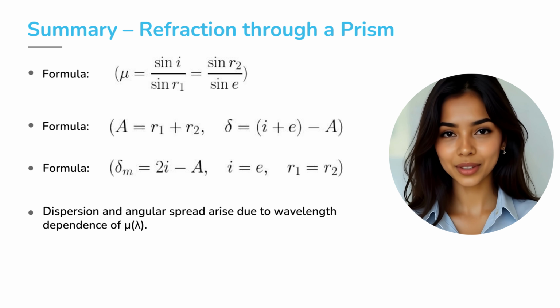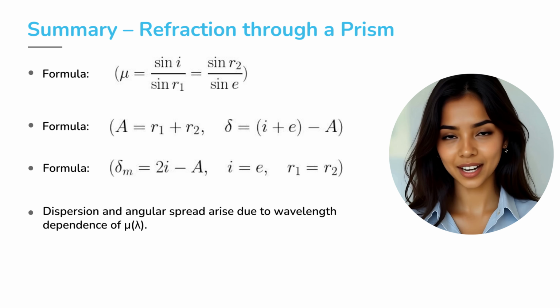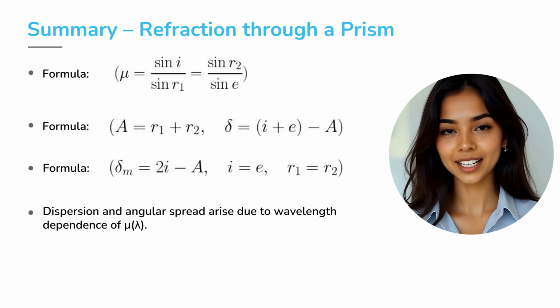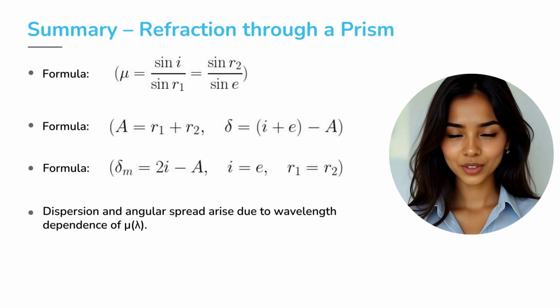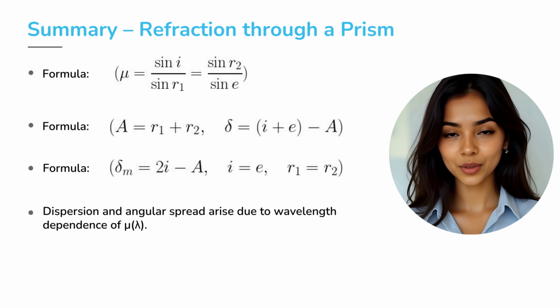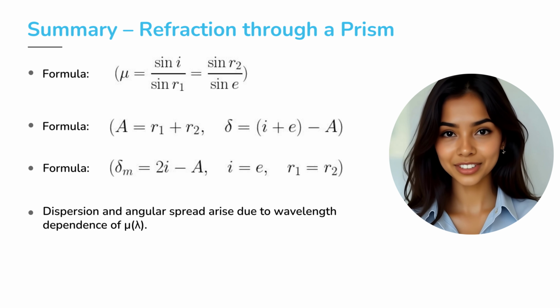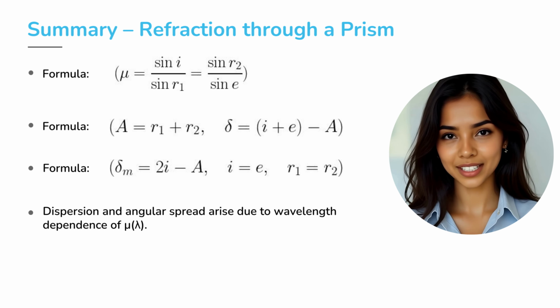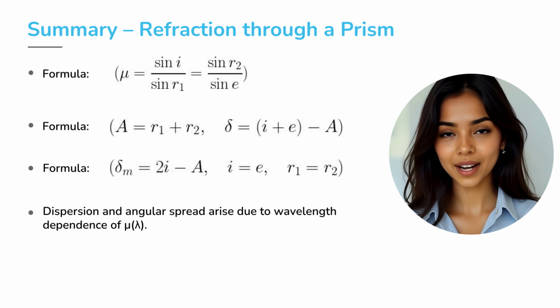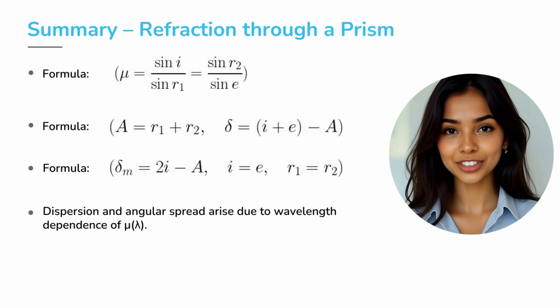When the minimum deviation delta sub m occurs, the path is symmetric with i equals e and r1 equals r2, and the formula simplifies to mu equals sine of open bracket A plus delta sub m divided by 2 close bracket divided by sine of A divided by 2. For small angle prisms, a handy approximation is that total deviation delta equals open bracket mu minus 1 close bracket times A. We also learned that dispersion, the spreading of colors in a spectrum, arises because the refractive index mu varies with wavelength lambda.